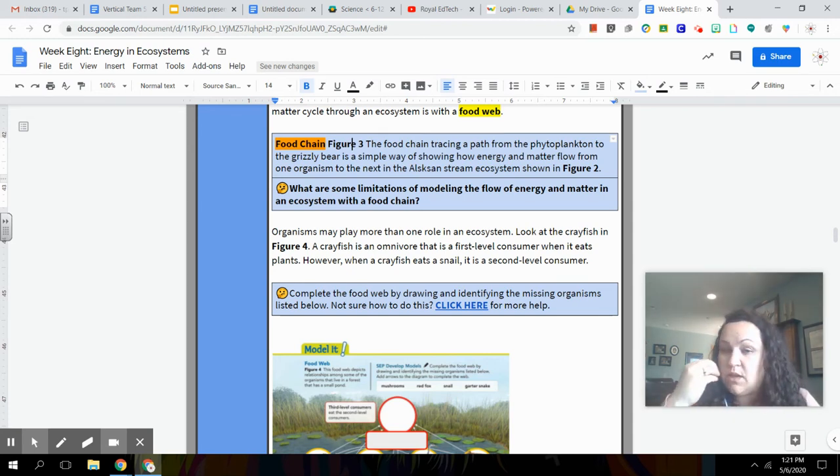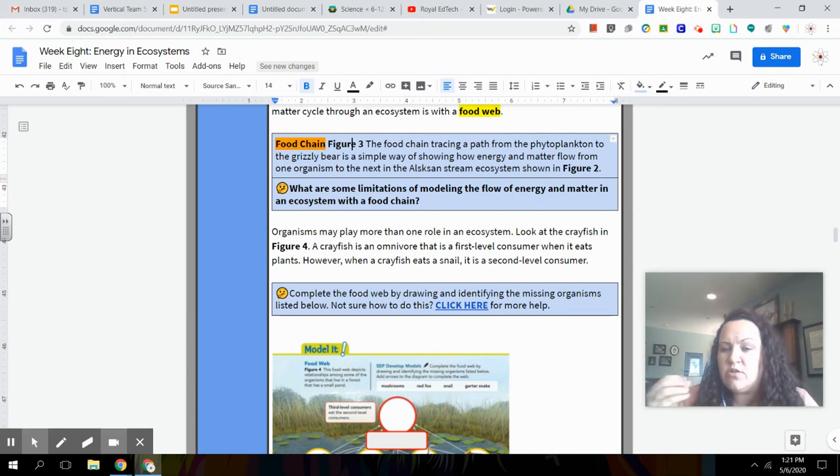And when you eat something that was once living, you then get to use that energy in your body. It transfers to you. So they're asking what limits, flaws, or problems there might be when modeling that flow in a food chain versus maybe in a food web. Why might it not be a great option to use a food chain as your model?